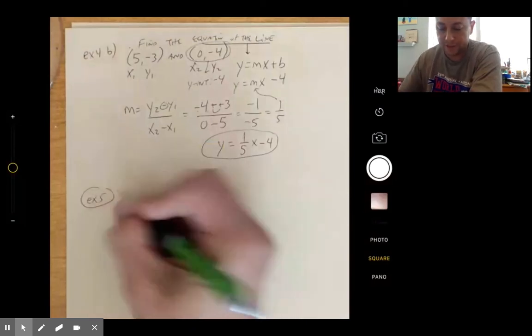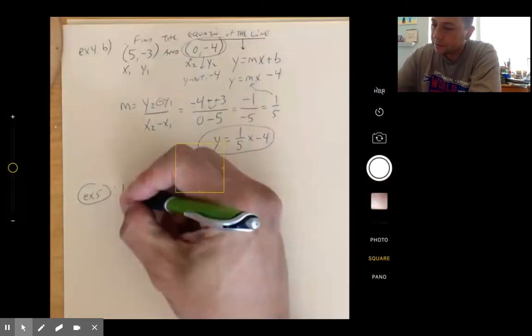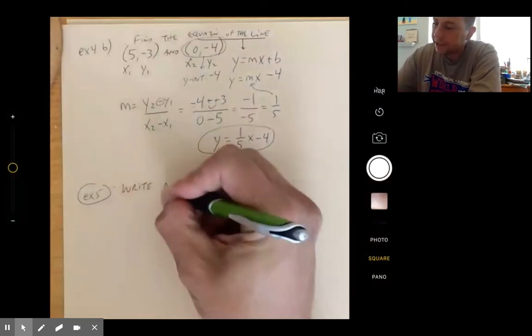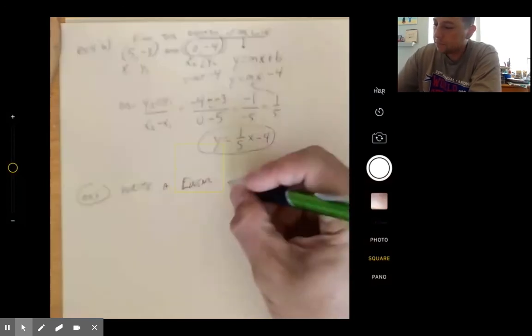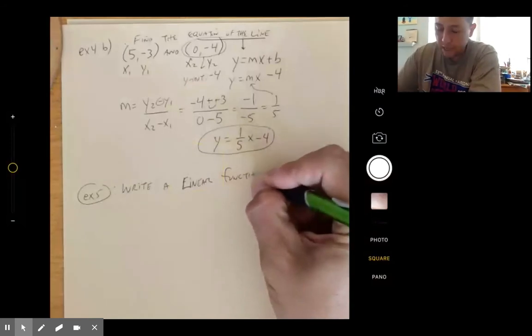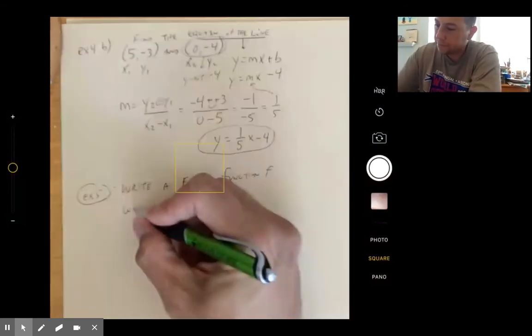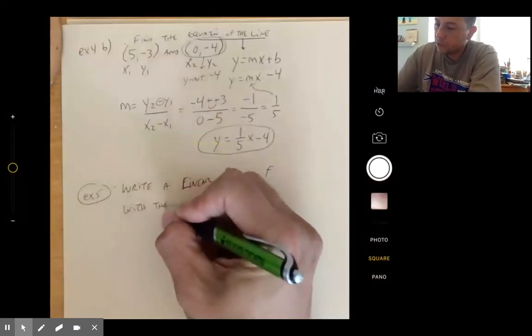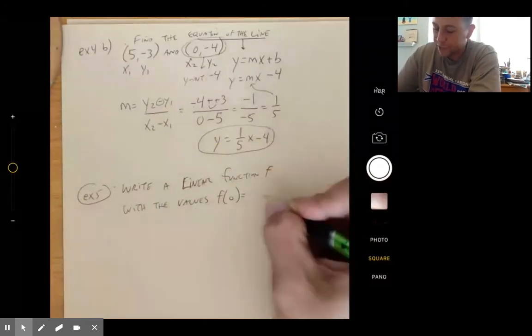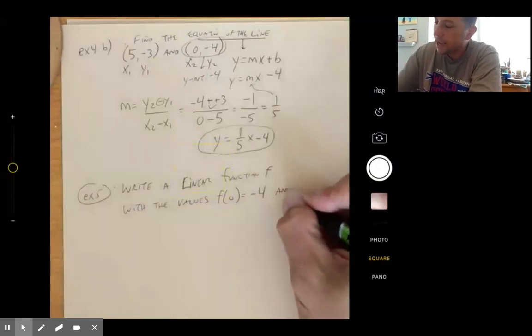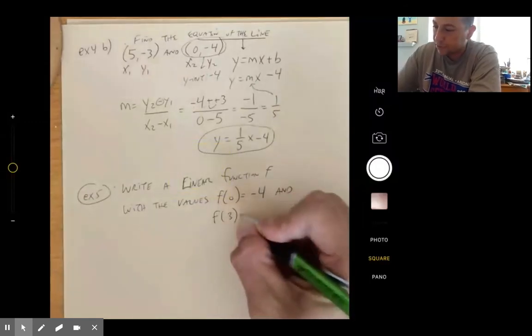We only got a couple left for your notes. Okay, write a linear function f with the values f of 0 equals -4 and f of 3 equals 8.